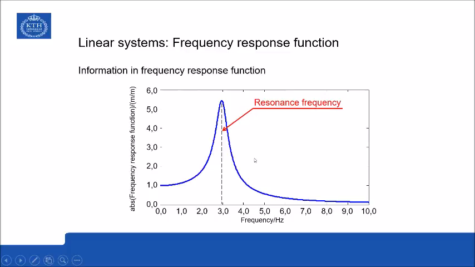So at this particular frequency, slightly below 3 Hertz, we have maximum sensitivity in the system. So the absolute value of the frequency response function is at its maximum in this point. That can actually be used as a definition of the resonance frequency: the frequency where the frequency response function obtains a local maximum.